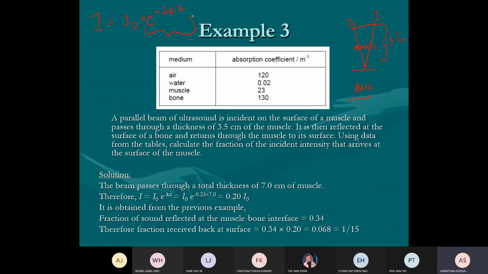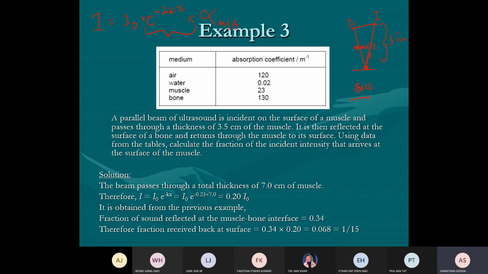Then multiply by one time reflected. Reflection is alpha, so multiply by alpha. Alpha of which medium? Alpha of the muscle and bone. That's all. This is the conclusion.